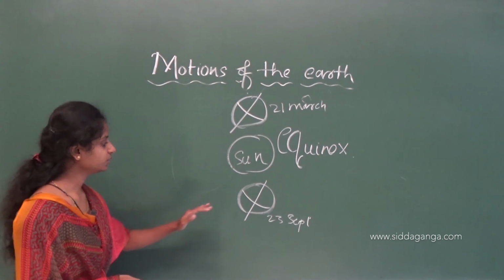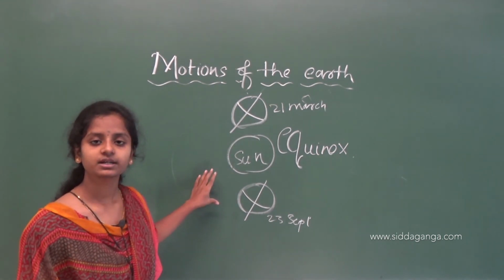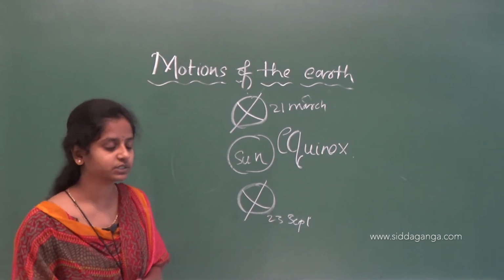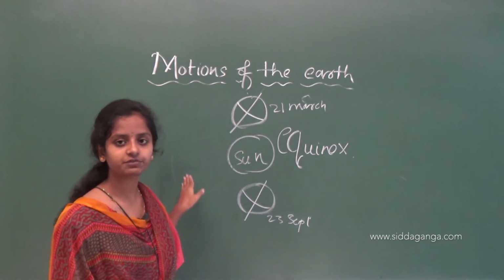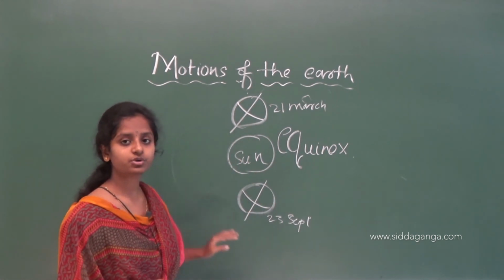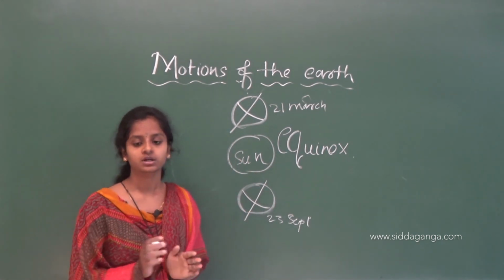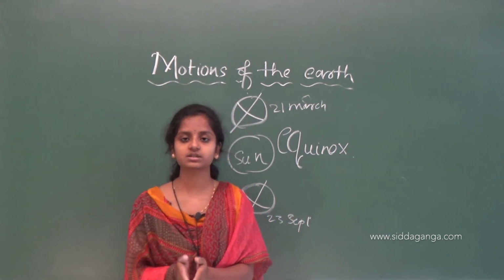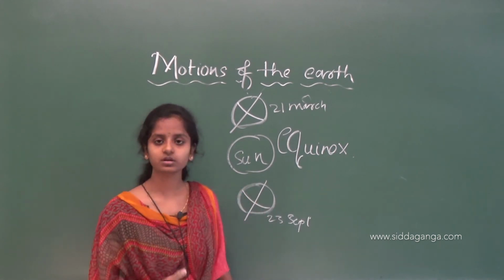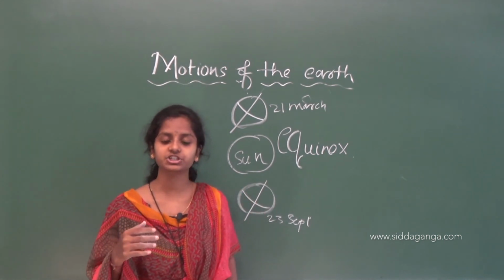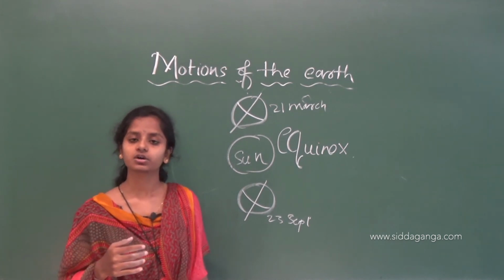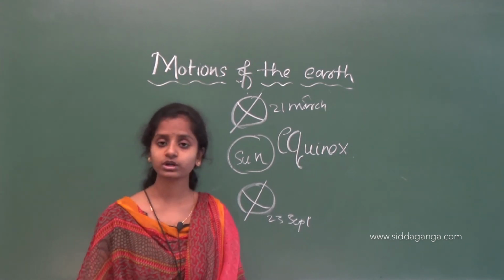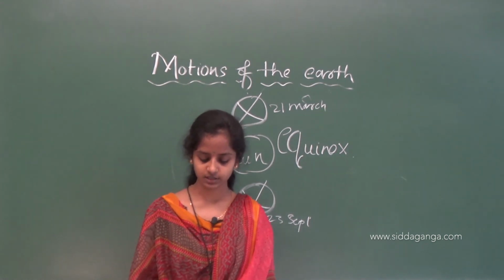So we have seen the changes in night and day, and the seasons as well, are because of the revolution of the earth around the sun and also the rotation of the earth around itself, around its own axis and around the sun as well.